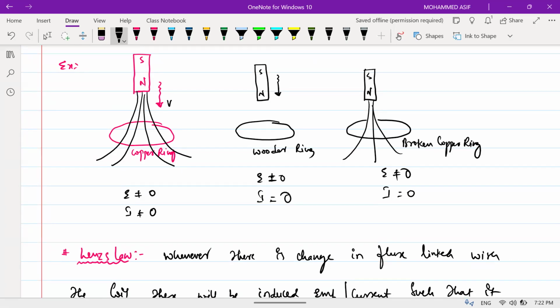So what is responsible for the current? Presence of magnetic field with the motion. Without motion, there is no current, no EMF at all. So the current is being produced because of the change in the magnetic field, but not because of the presence of the magnetic field.